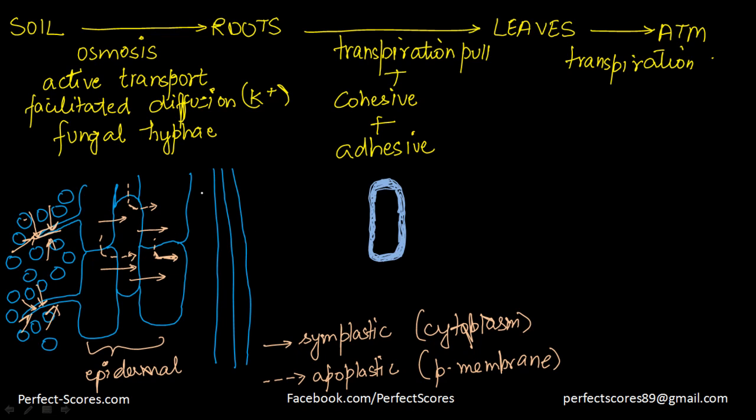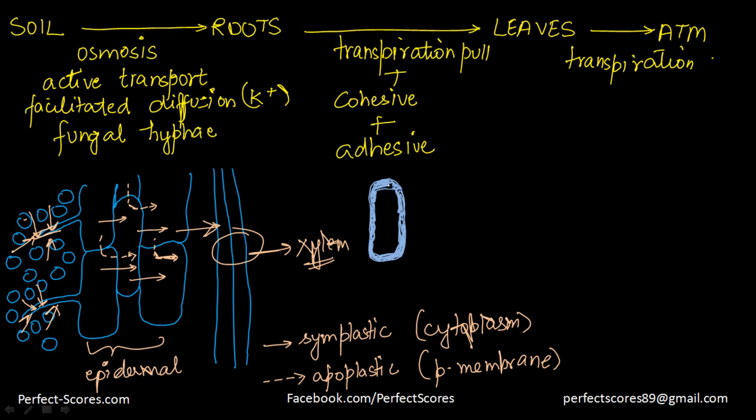And finally, all the water that is collected over here goes to these vessels. So let's call these the xylem vessels. This is the vascular tissue, the xylem vessels and tracheids, and slowly water reaches from hair to hair. And this diagram is an example of an epidermal cell in the root.